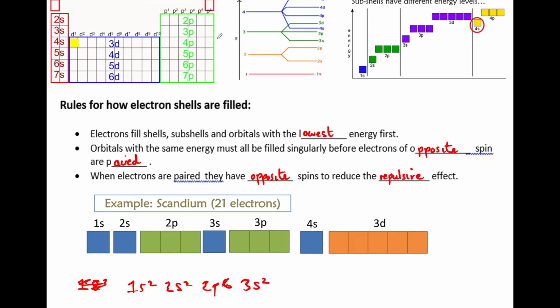We've got 3p6. And notice now, because the first period in the transition metals is the D group, so this is a D group, so that's 3d, which means your 4s is filled up before your 3d. So we've got 4s2 and we've got 3d1.